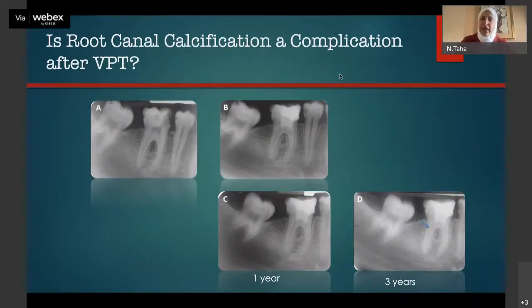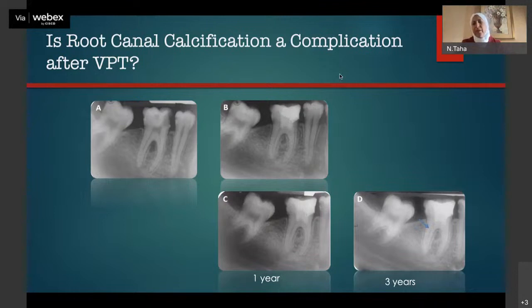is root canal calcification a complication or a worry or a threat after vital pulp therapy? I would say no. There is no one specific article that reported the percentage of root canal obliteration. It's not like after traumatic dental injuries or regenerative or revascularization procedures. You might get hard tissue barrier formation, which is more common in young patients.